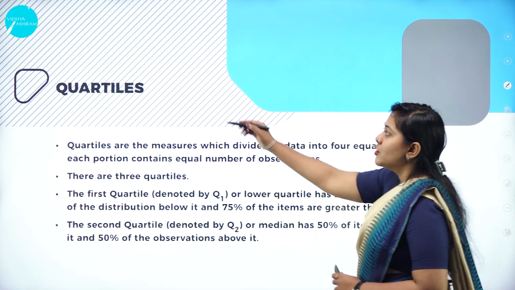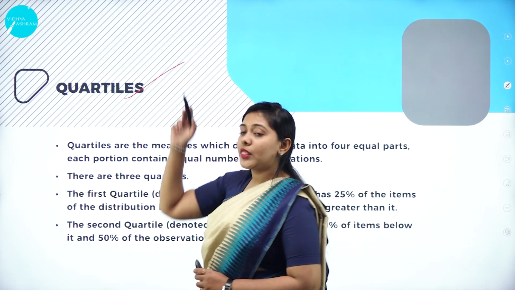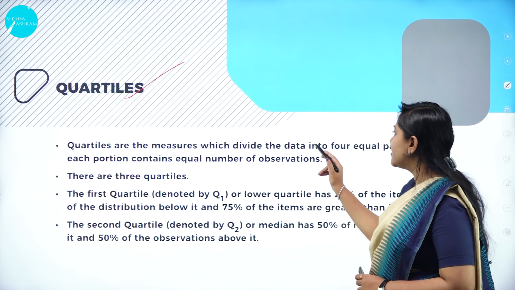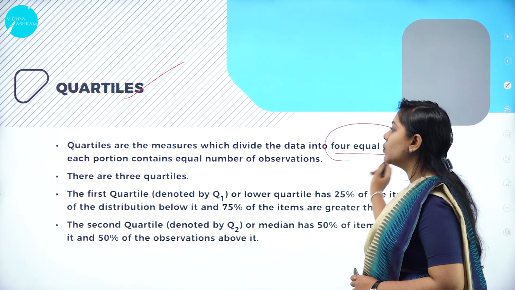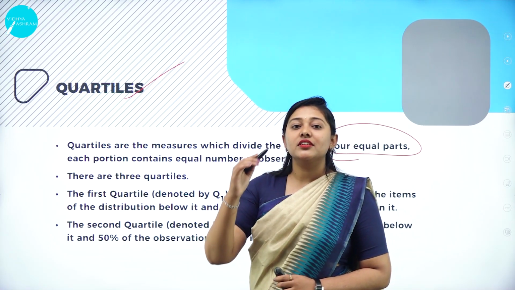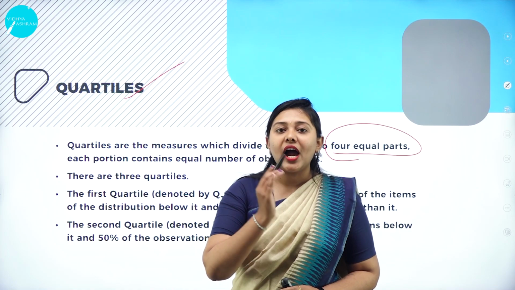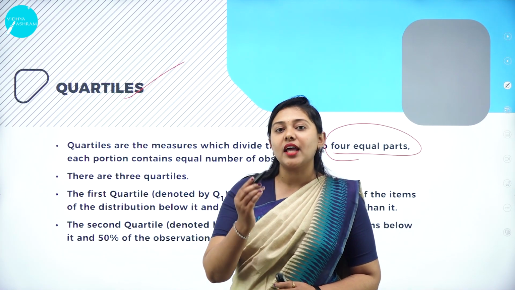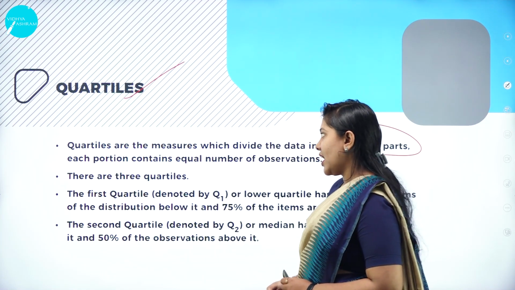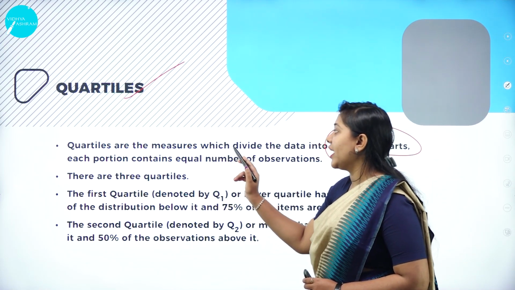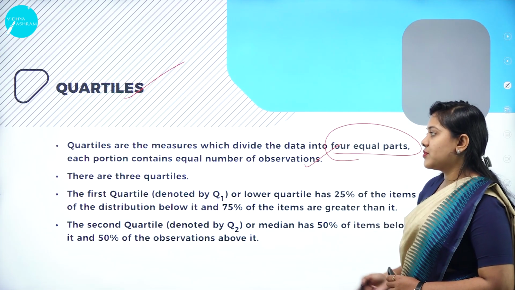Moving forward, what is a quartile? The word itself says quartiles are the measures which divide the data into 4 equal parts. So if it is a distribution, the entire distribution will be divided into 4 equal parts, and that is called quartile. Each portion contains an equal number of observations.